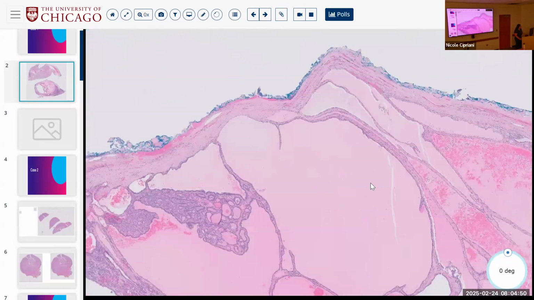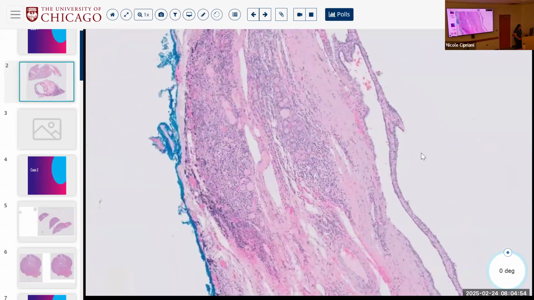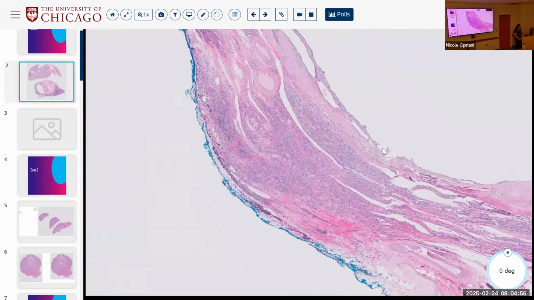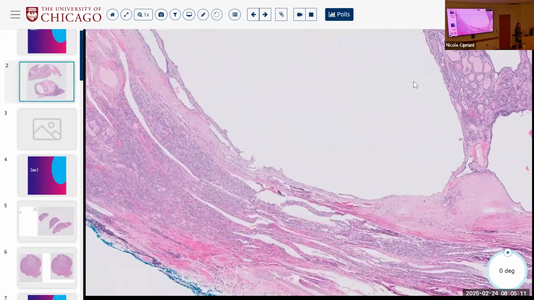All right, so we have a circumscribed lesion that maybe has a focal capsule that does not show invasion, but it has some papillary-like architecture and some worrisome nuclear features.